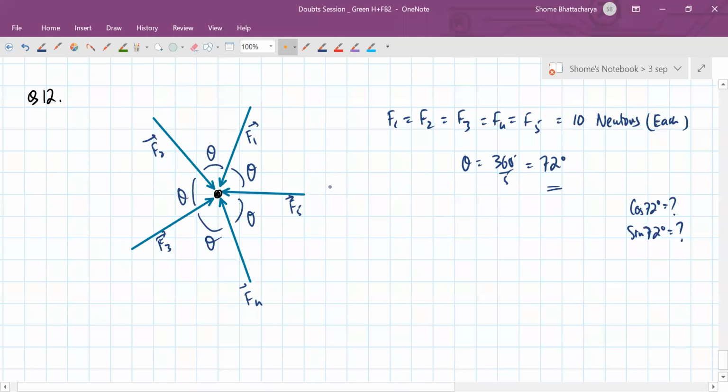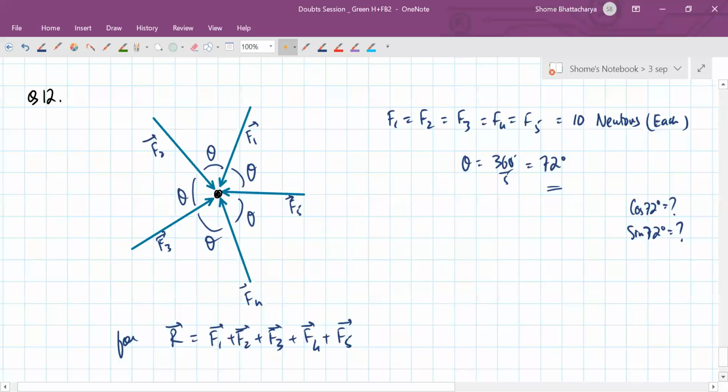So for the resultant of these, we will make use of a theorem from geometry.